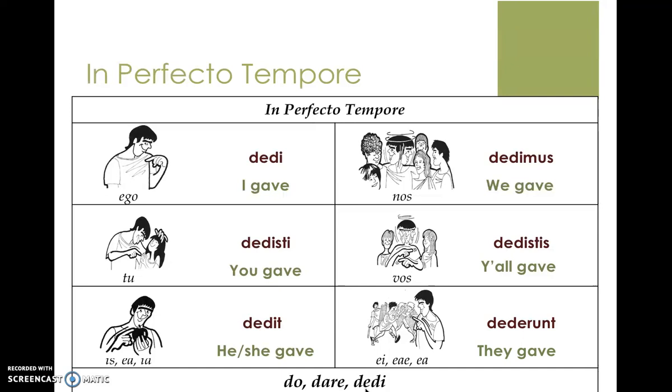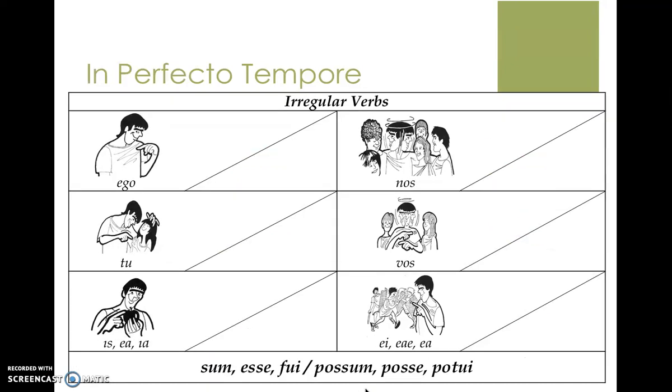Now, perhaps one of the best things about the perfect tenses we're going to deal with is that all of the irregular verbs we know actually behave regularly in these tenses. So, much like you would with any other verb, you take that third principal part and add your endings. So for sum, esse, instead of memorizing unusual forms, we just use the endings for any other regular perfect tense verb.